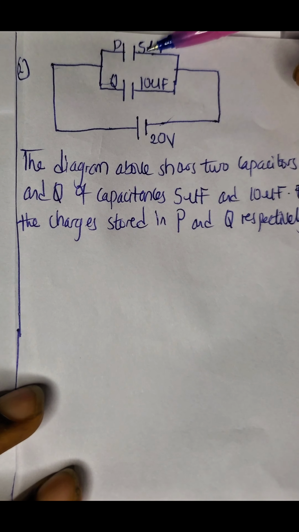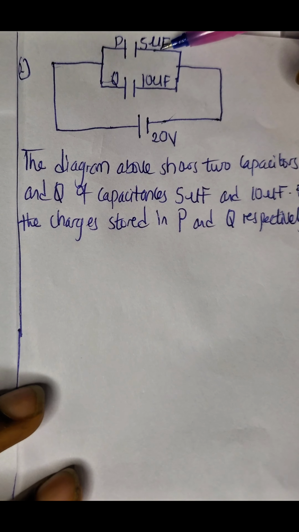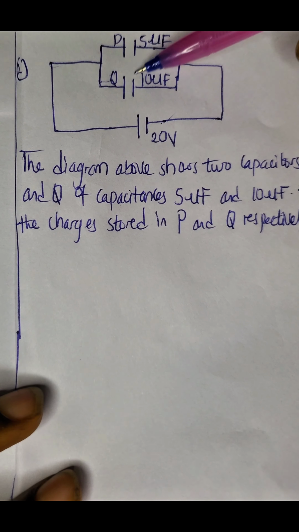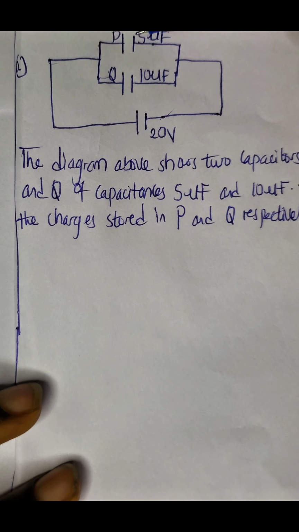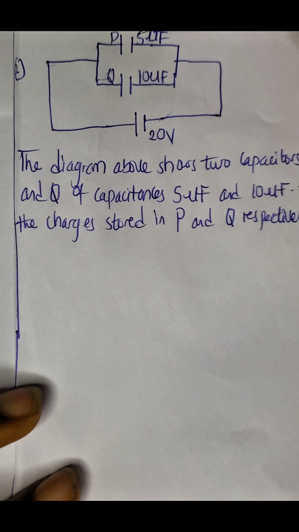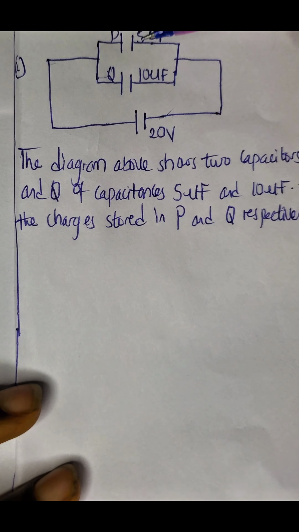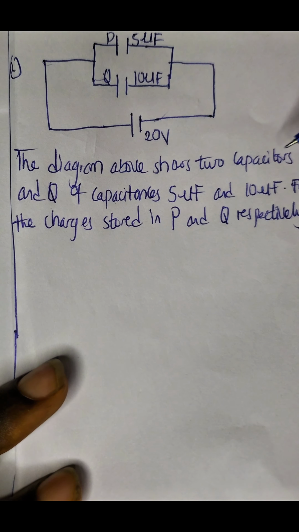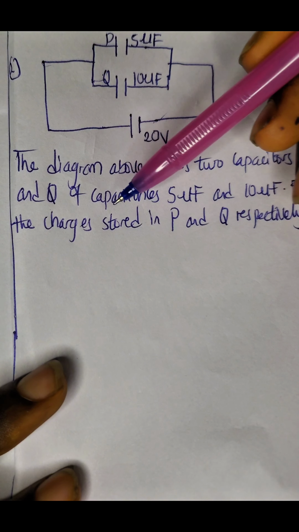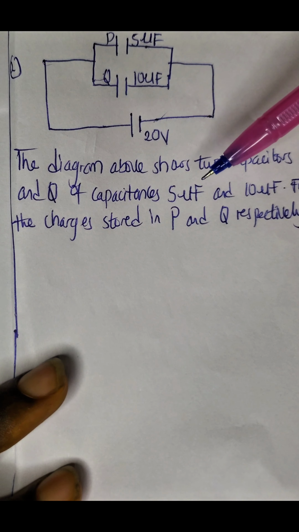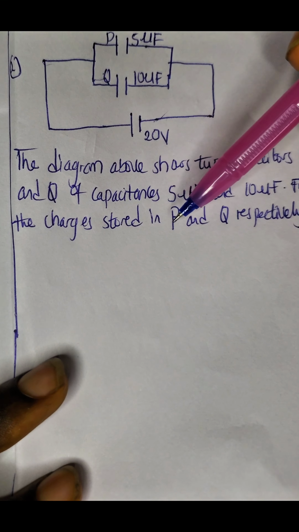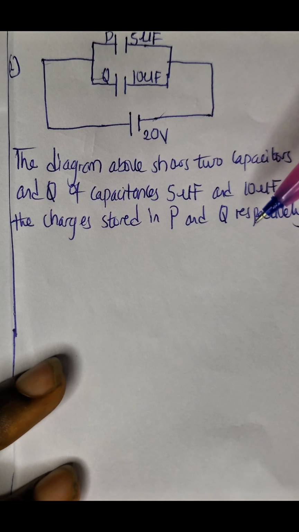So this is our next question. Most capacitor questions normally come in this diagrammatic form, where you'll be given different capacitors arranged in series and parallel connection, and you'll be asked to solve for them. Now let's go straight to this question. The diagram above shows two capacitors P and Q of capacitance 5 microfarad and 10 microfarad.